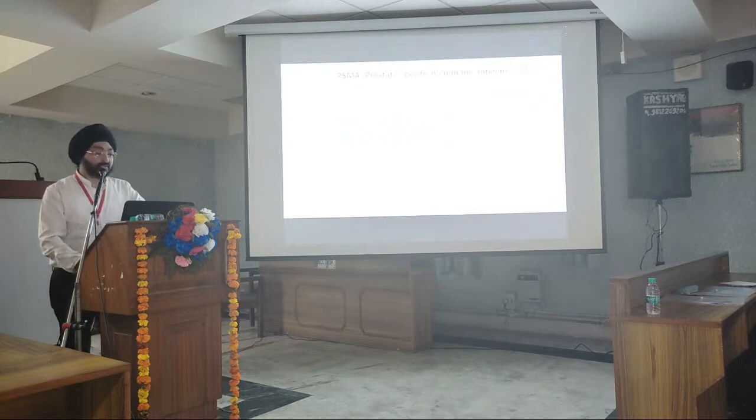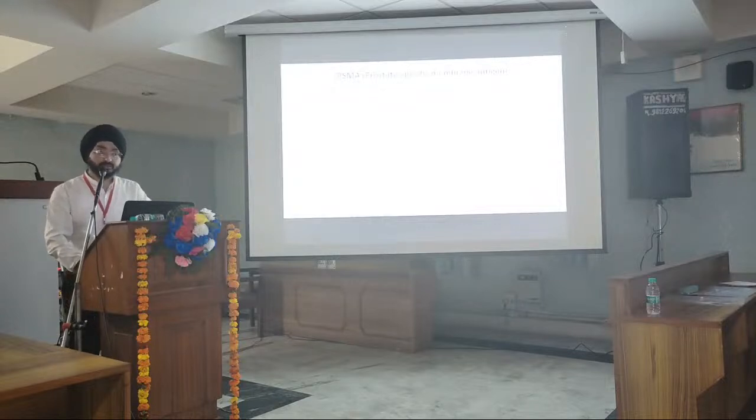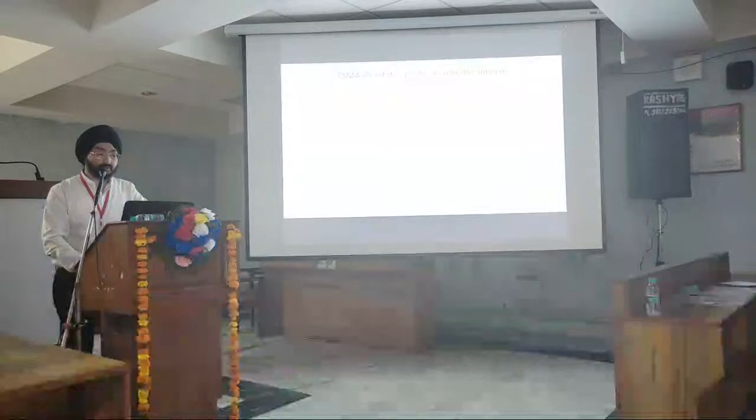PSMA is a type 2 transmembrane glycoprotein with glutamate carboxypeptidase activity, folate hydrolase activity. So it is involved in cellular function, and higher levels of PSMA expression in prostate cancers are associated with higher risk of spread to other organs.